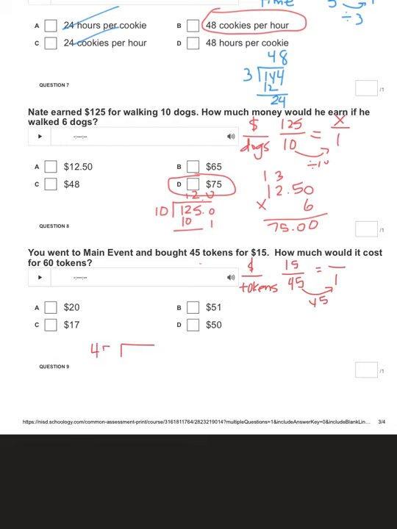45 on the outside, 15 on the inside. Well, 45 does not go into 15, so I have to add a 0. Now, I don't really know, so again, like I suggested before, start adding some 45s. That would give you 90. Let's try another one. That looks close enough. So that was 1, 2, 3 times.